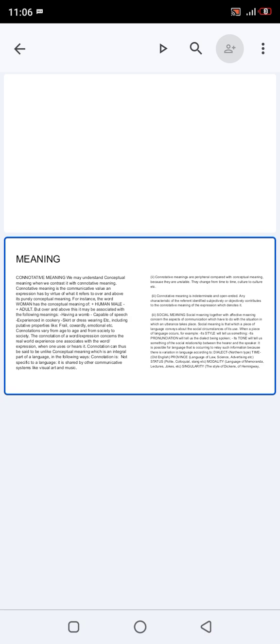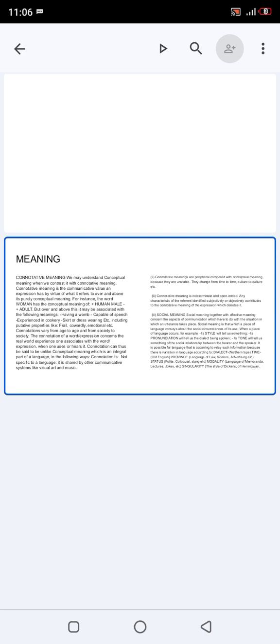The first one, you are told that it's not specific. The second one, they are peripheral compared with the conceptual meaning because they are unstable. We go to the third one. It's open-ended, that is, it's indeterminate and open-ended. Okay, we go to the social meaning.